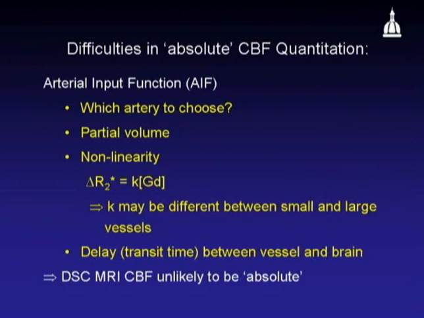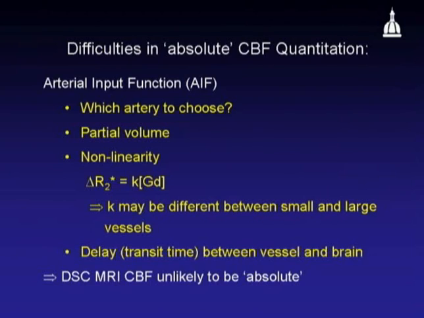I also alluded earlier that we believe that the delta R2* is linearly proportional to the gadolinium concentration, but that is probably not true, and there may well be differences in this proportionality constant between the large vessels and the microvasculature. So that's another source of error.